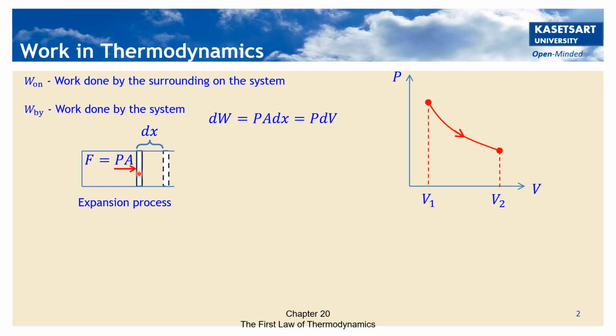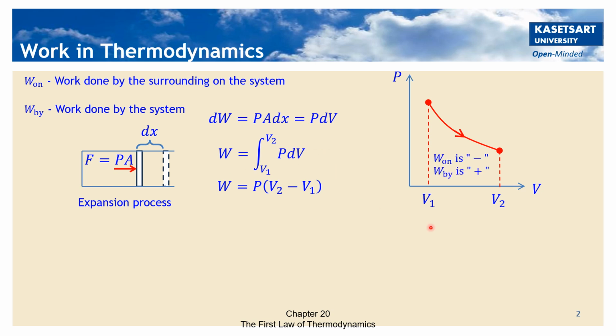So this is an expansion process. From the definition of work, dW equals F dx, where F is P times A, times dx. Then A times dx becomes dV, the volume change. Then work can be defined as the pressure times the volume change dV. And then if we do the integral here, we have W equal to P (V2 minus V1).